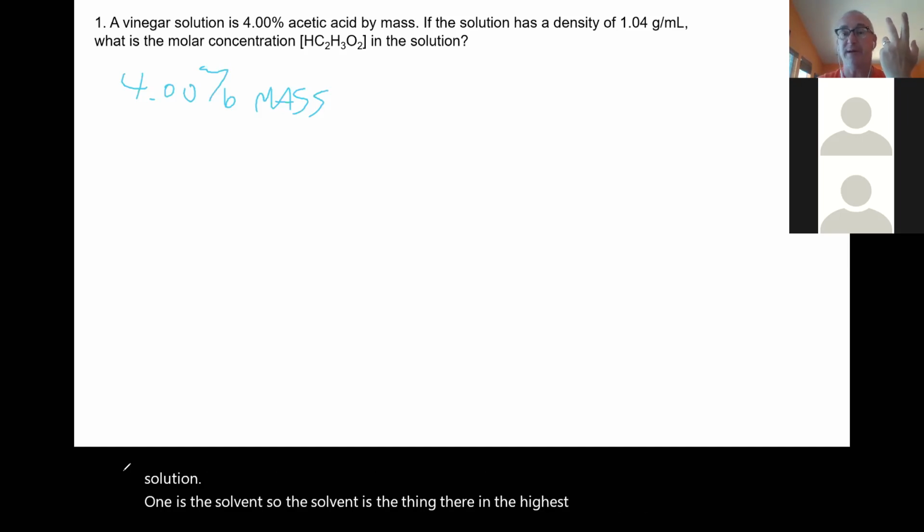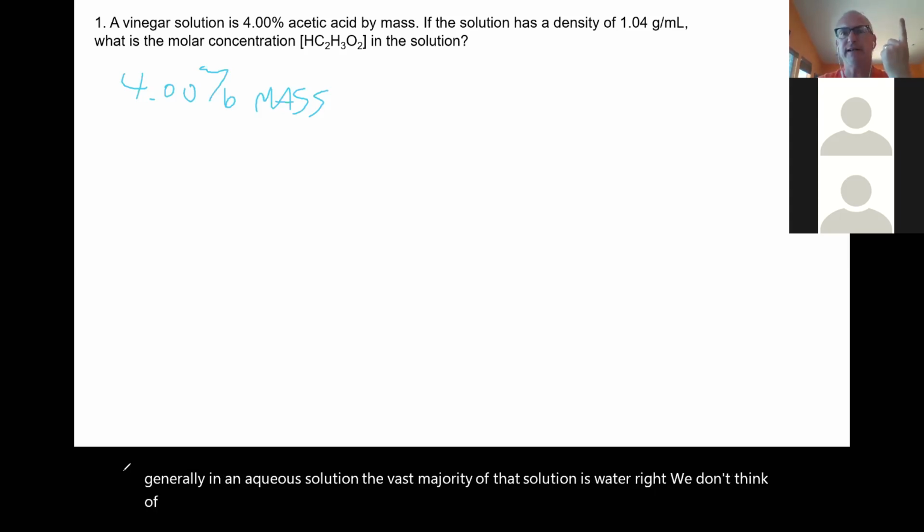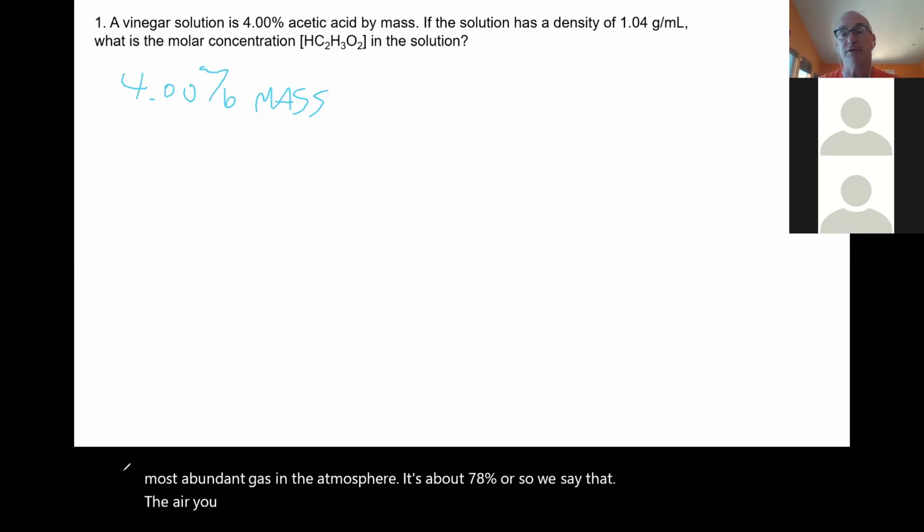So generally in an aqueous solution, the vast majority of that solution is water, right? We don't think of air as being a solution, but actually it is. It's a solution of gases. And because nitrogen is the most abundant gas in the atmosphere, at about 78% or so, we say that the air you breathe is a nitrogen solution with all the other gases dissolved in the nitrogen.